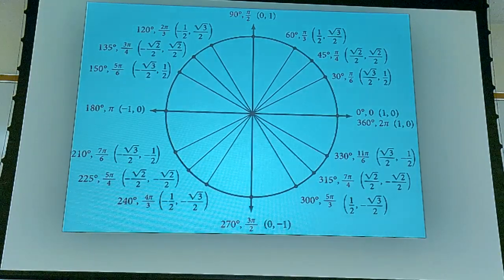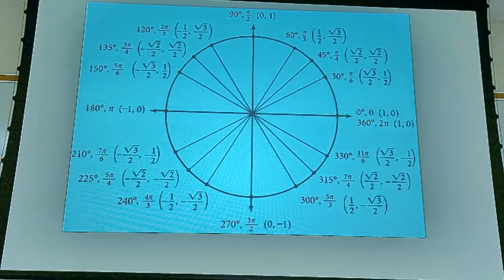What was root 3 times root 3 over 2? Just 3 over 2. So you have negative a half, minus negative 3 halves. That's negative a half plus 3 halves, which is what?